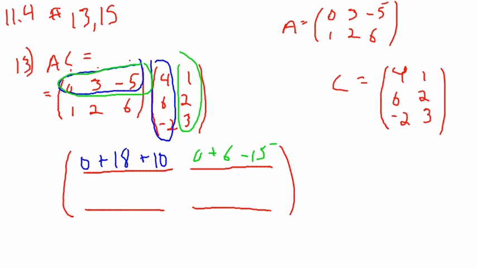Now I'm going to do the bottom left and then the bottom right. So I'll go to a new color, orange, everyone's favorite. Bottom by left, so I go 1 times 4, which is 4, plus 2 times 6, which is 12, and I'm adding on the inside. Then 6 times -2, so I get a -12. So now it's going to be easy to work with.